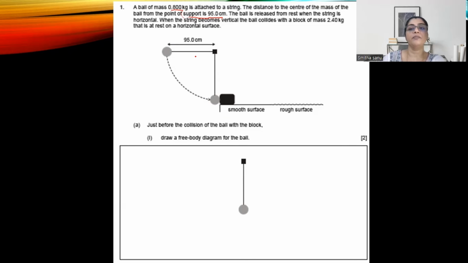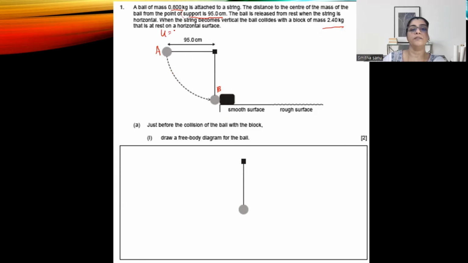The ball is released from rest when the string is horizontal, that is, it's released from this position A. When the string becomes vertical, position B, it collides with the mass, which is of 2.4 kg, that is at rest. So initial velocity of that is 0.